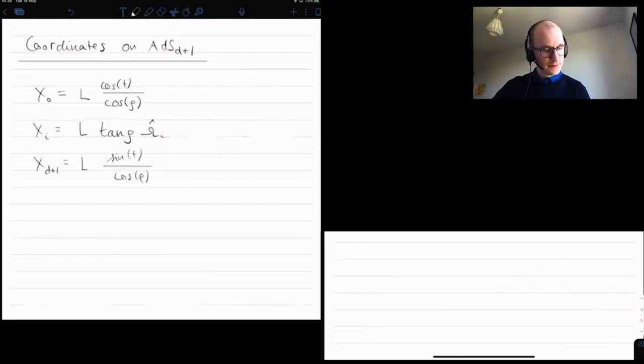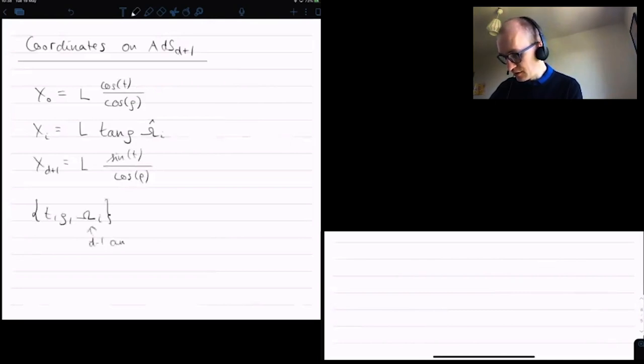And the coordinates then are basically t, rho and omega I, which are d-1 angles. So that means that they satisfy something like omega hat I squared summed is equal to 1.